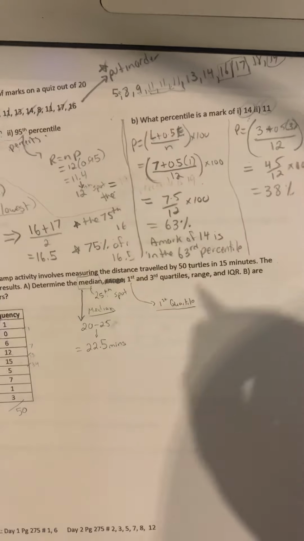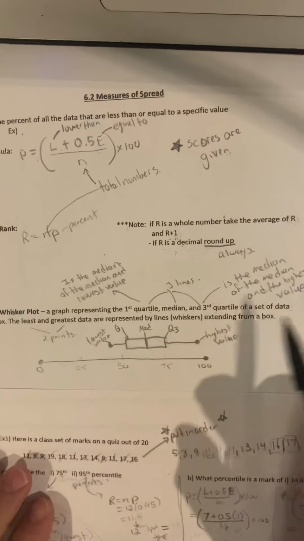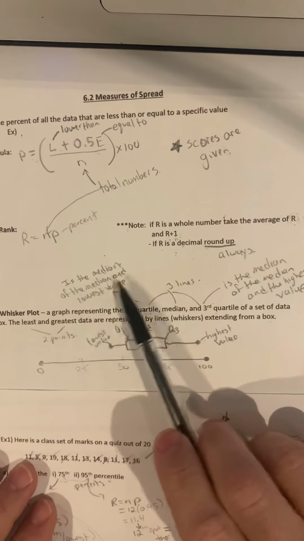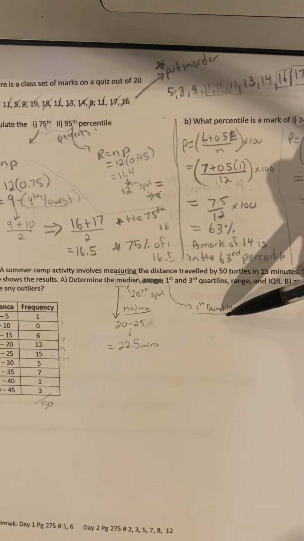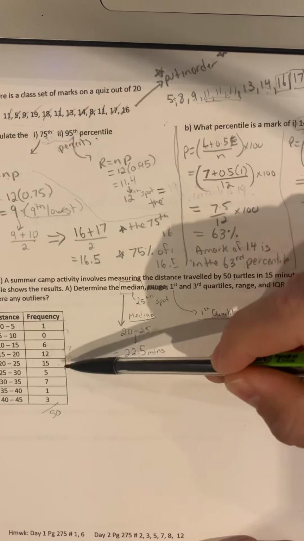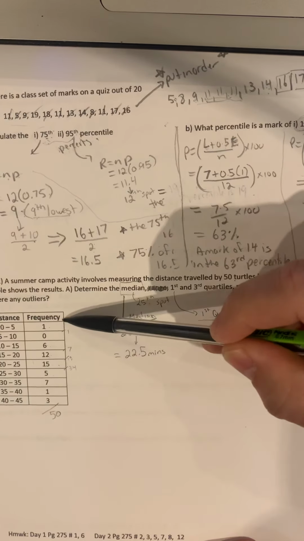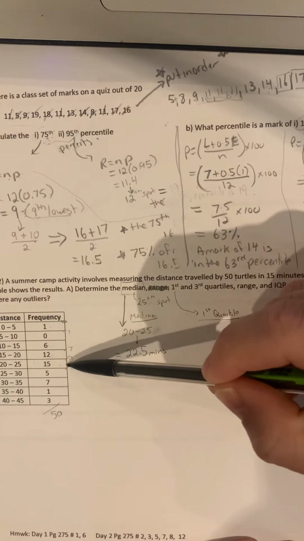So now the first quartile. From the definition that we did in the last lesson, it is the median of the median and the lowest value. So the first quartile is halfway between the lowest value and the median.